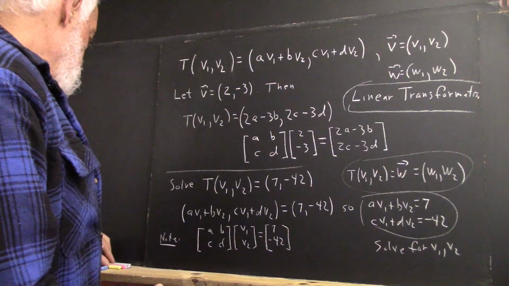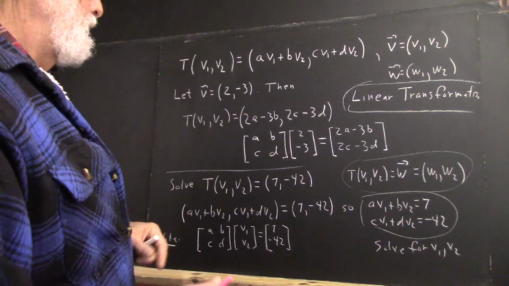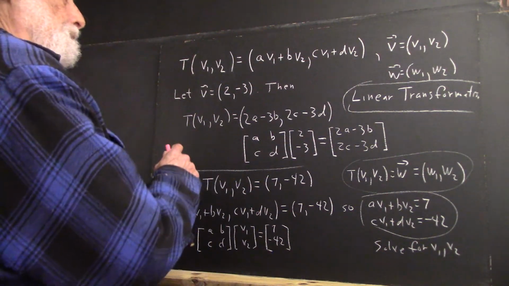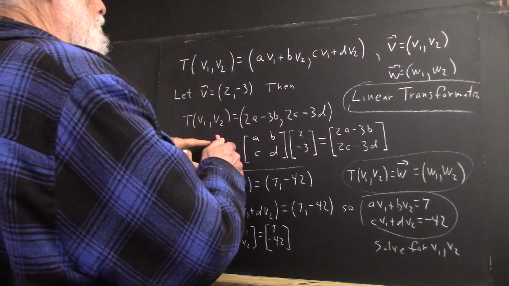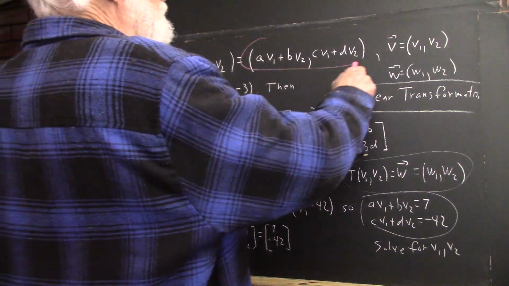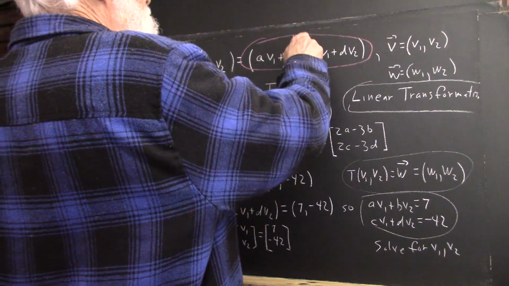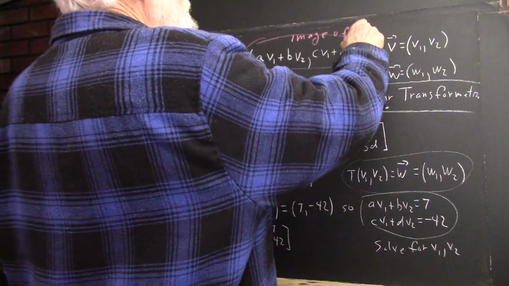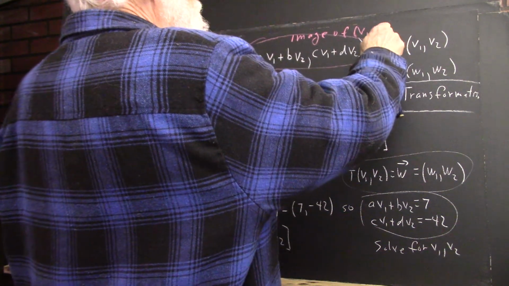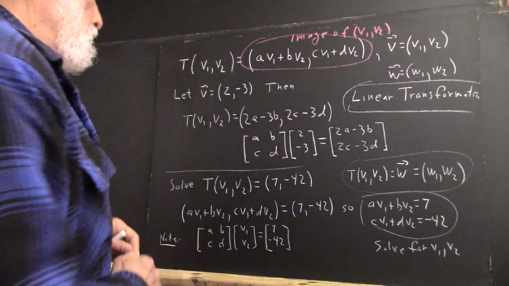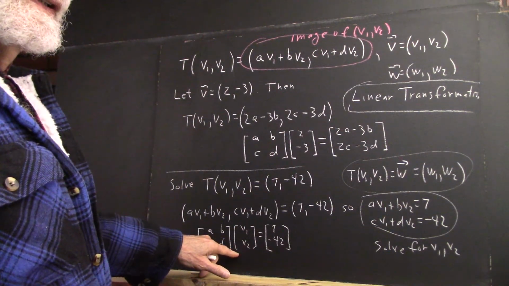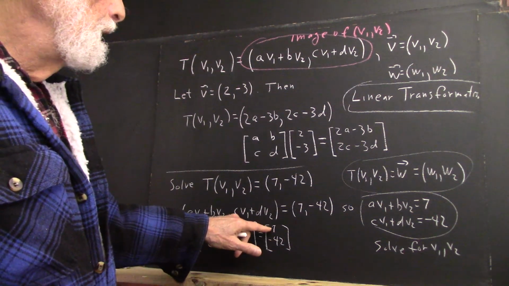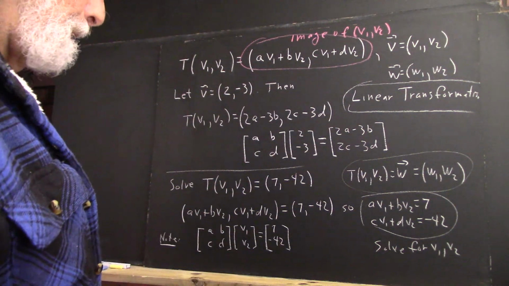So I'll just introduce that notation. This vector we regard as the image of the vector (v1, v2). Our solution (v1, v2) here would be the preimage of the vector w equals (7, -42).